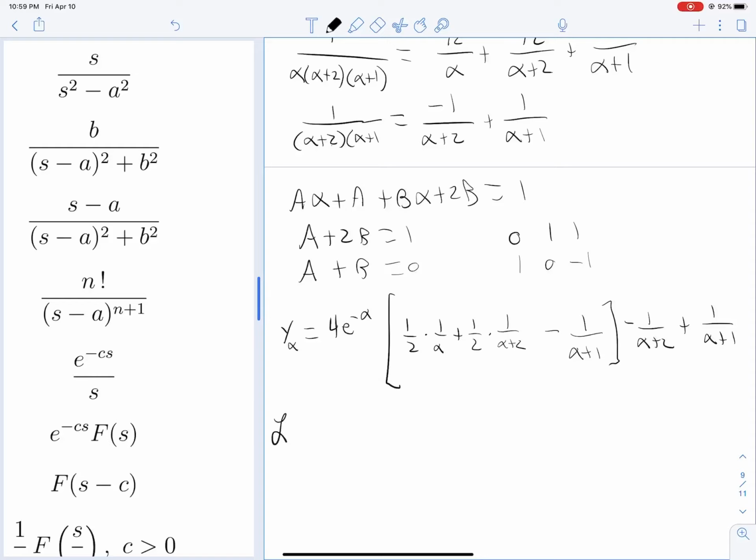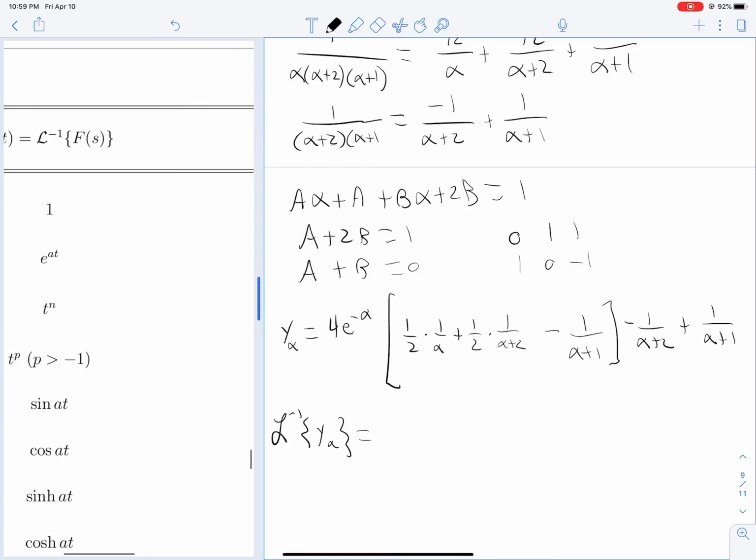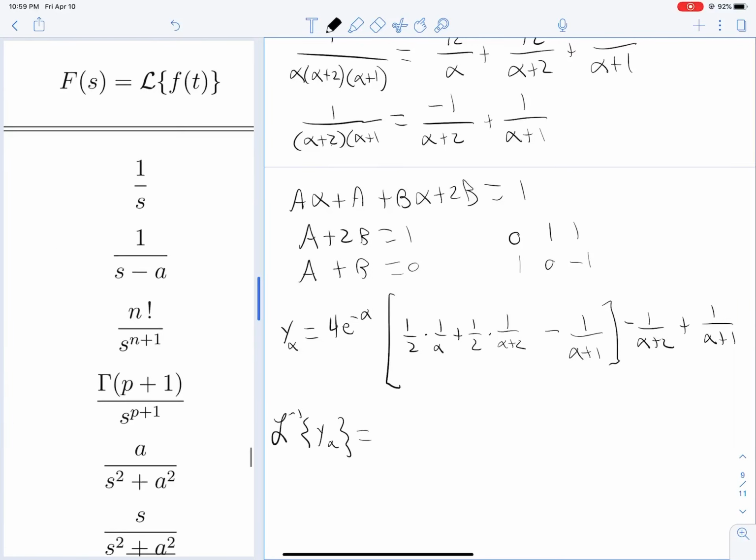So the inverse Laplace of Y(alpha) is equal to, well, these two bits are going to be easy to deal with. Negative 1 over alpha plus 2, we can use the rule that the Laplace of e to the at is 1 over s minus a.